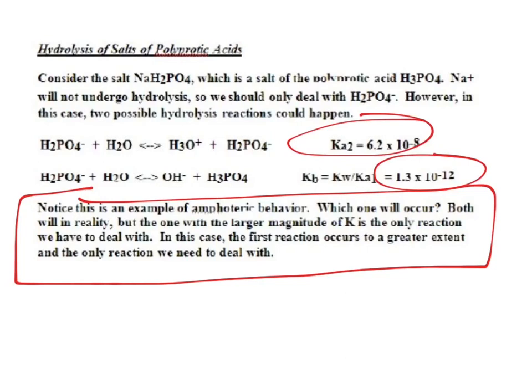If we're looking at H2PO4 minus and I add it to water, it can become HPO4 2 minus, or it can become H3PO4. Which one is it going to be? I look at my K values, and I find the one that is larger, and that is the one that is going to occur.